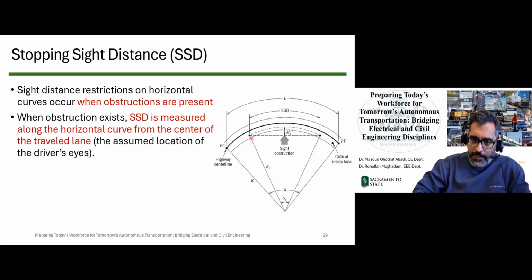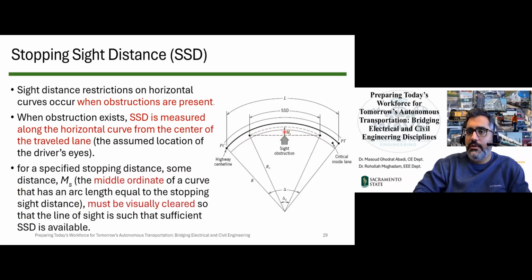So what do we do? We assume that a driver's eye is at the center line of the innermost lane. And then we assume that this arc is one safe stopping sight distance. With that, we will find the area here, this middle ordinate, that must be cleared.